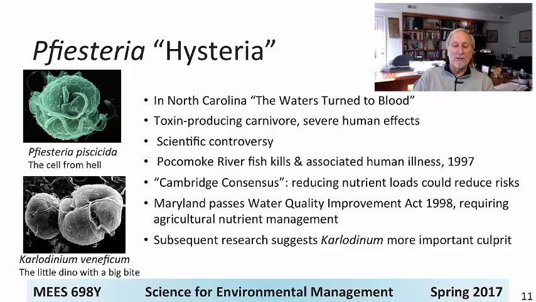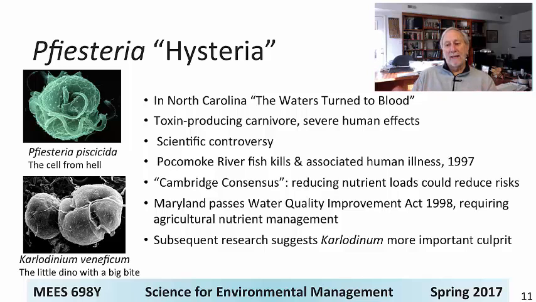The populations would explode. And these organisms would kill fish and also produce a toxin which, among its other effects, would cause memory loss. So this had resulted in a considerable controversy down in North Carolina that we were all watching.